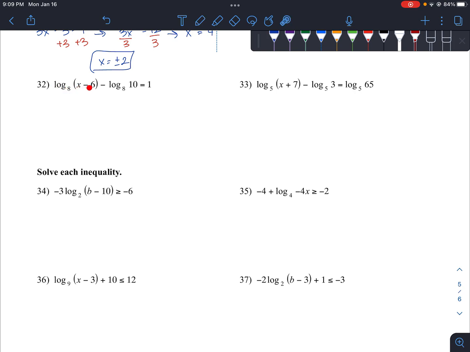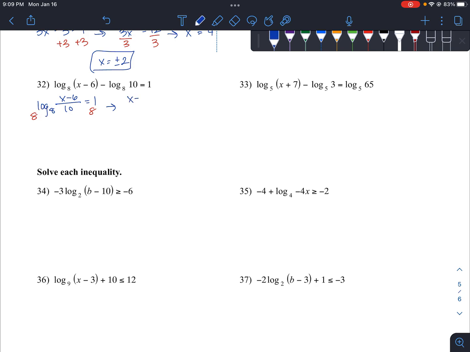Log base 8 of x minus 6 minus log base 8 of 10. I'm going to condense these two logarithms first. So I'll have a log base 8 of x minus 6 divided by 10 equal to 1. Okay, I'm going to get rid of the logarithms by exponentiating with a base of 8. So these would cancel.